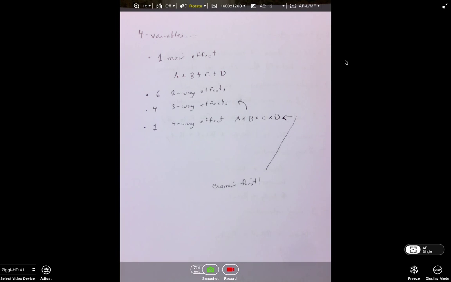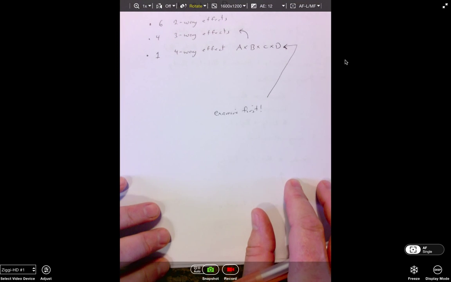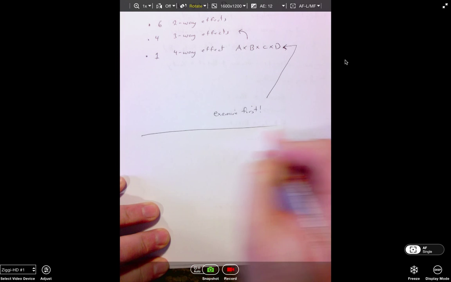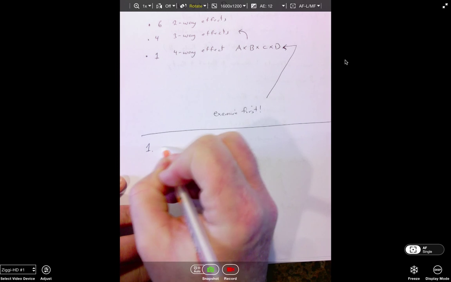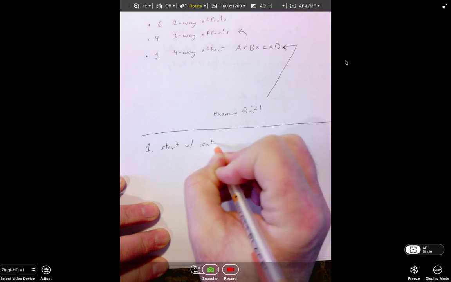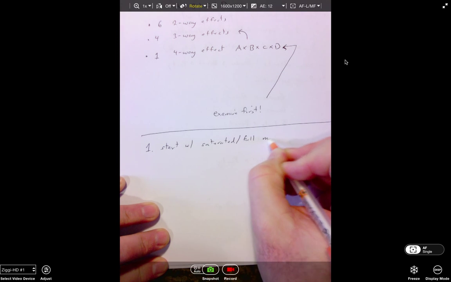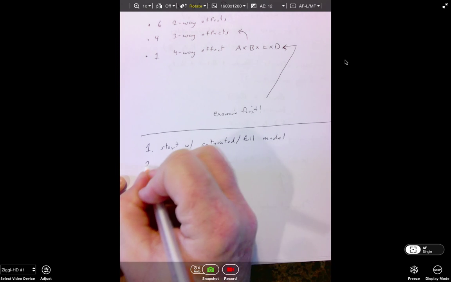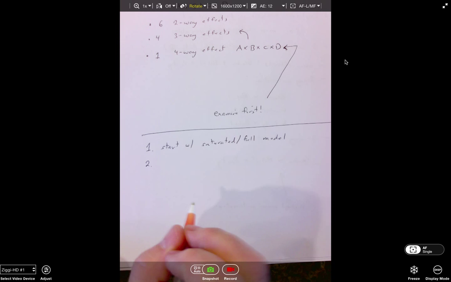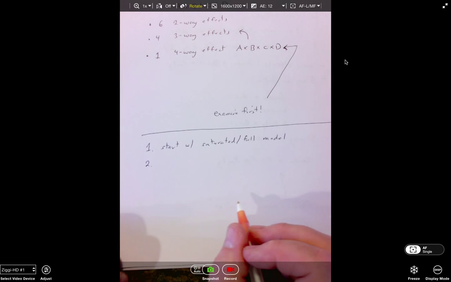That's the model that best describes our data. So, guys, in a nutshell, the procedure. Number 1, start with your saturated model. Remove effects until the model becomes significant.